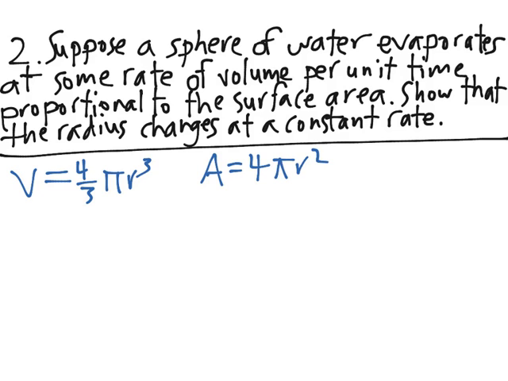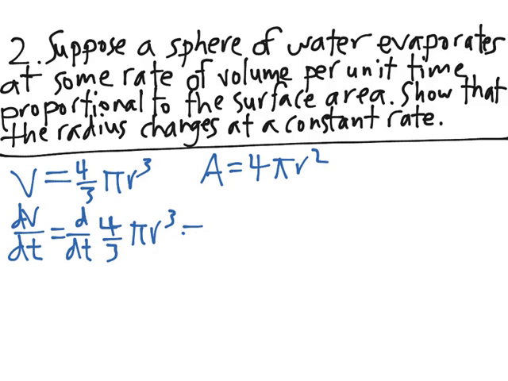So we want to relate these two rates. To do that, we can use implicit differentiation like we did before. If we take dV/dt, this is equal to d/dt of 4/3 pi r cubed, which equals 4/3 pi times 3r squared dr/dt using the chain rule.